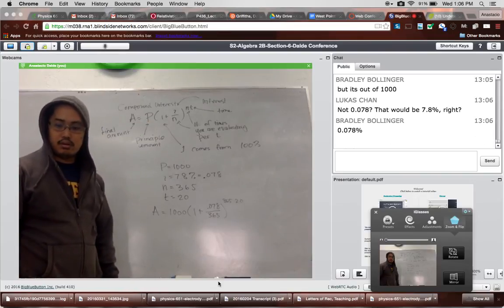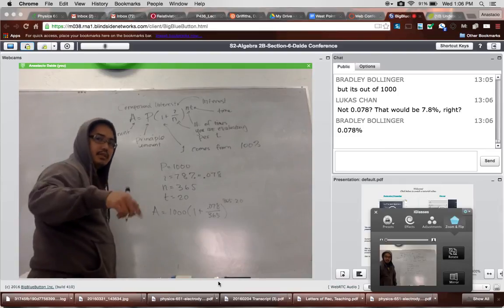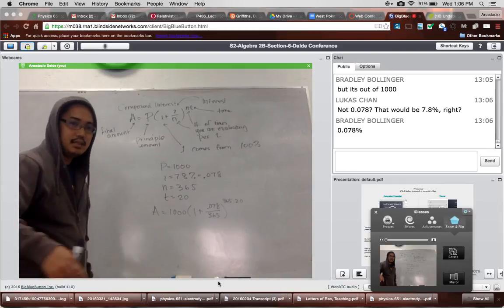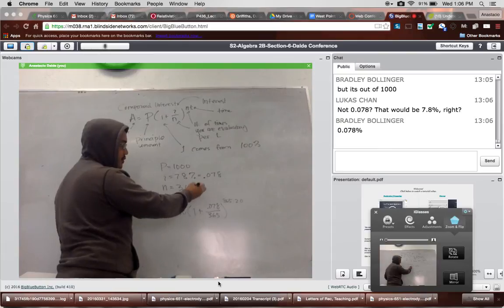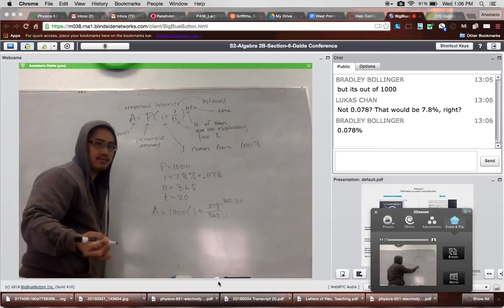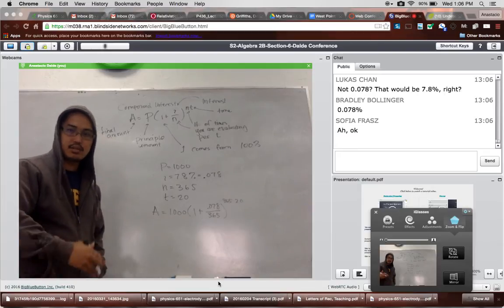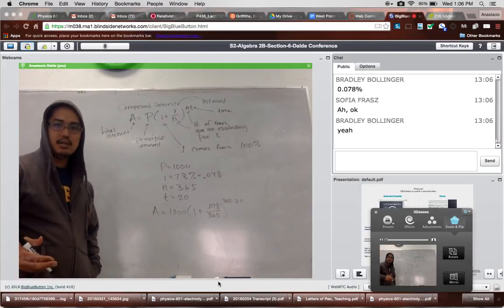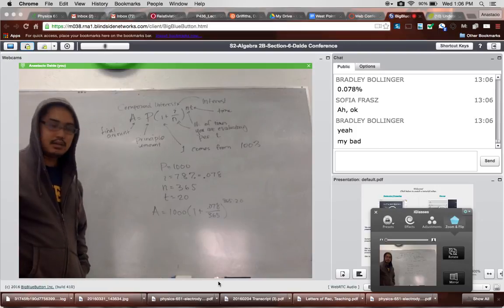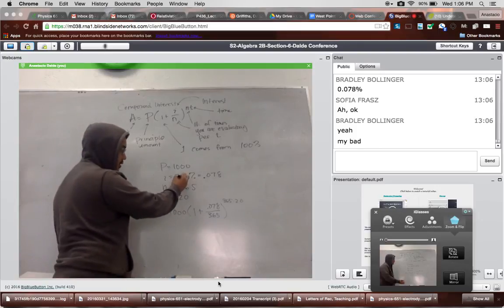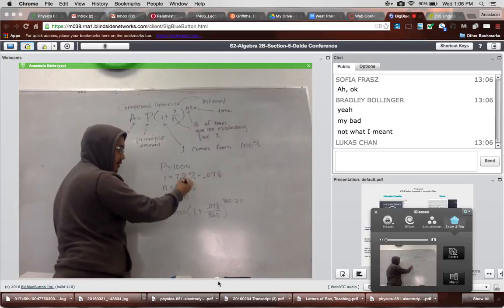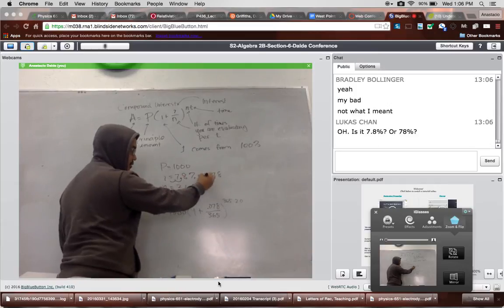Oh, no. It's not 0.078%. It's 7.8% is equal to 0.078 in terms of numbers, because you can't plug a percentage into your math equation. You have to change it to a number, right? So you just take this 7.8 and you move the decimal place 2 times to the left. 1, 2 gives you 0.078.